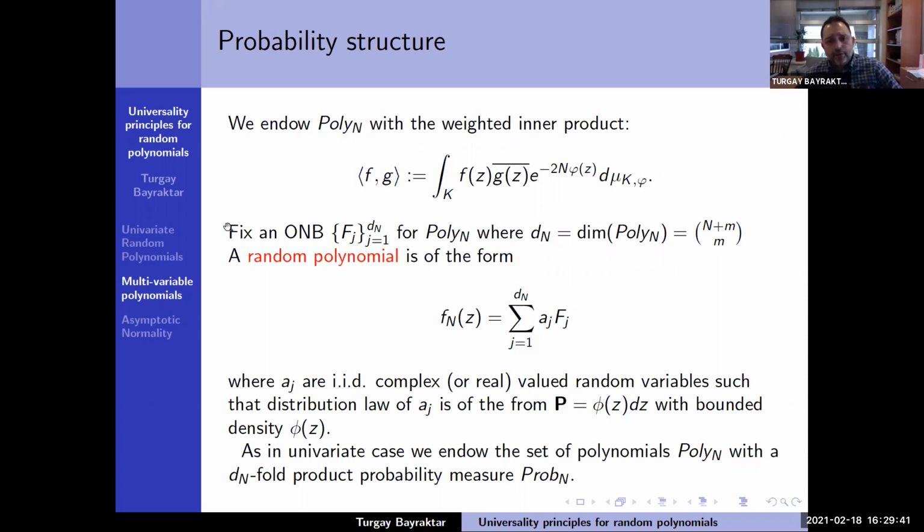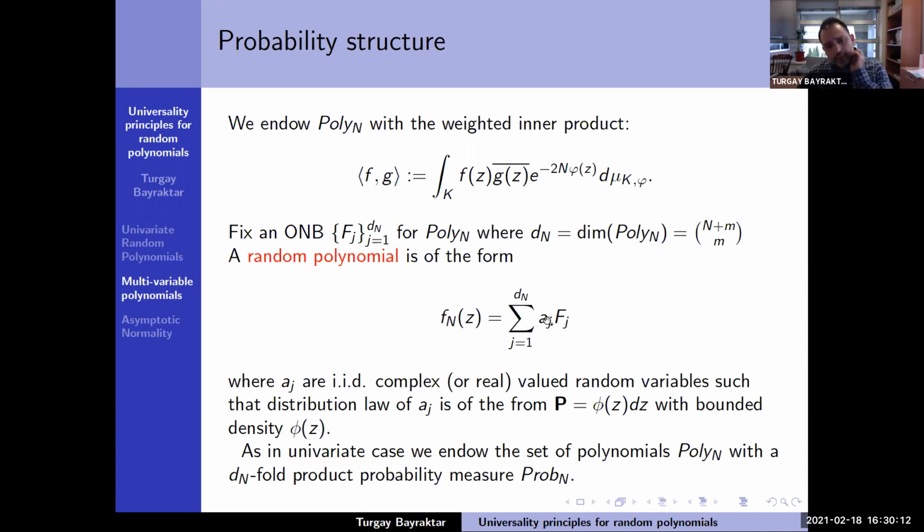And don't forget that in higher dimensions, the dimension of the space of polynomials is given by n plus m choose m. m is the number of variables, and capital N is the total degree. And a random polynomial is, once you choose your orthonormal basis, like in the previous case, just a random linear combination of these orthonormal polynomials.